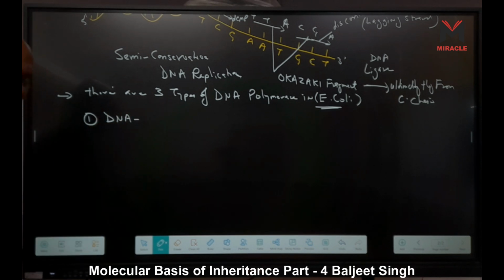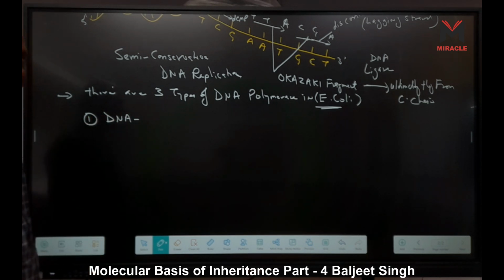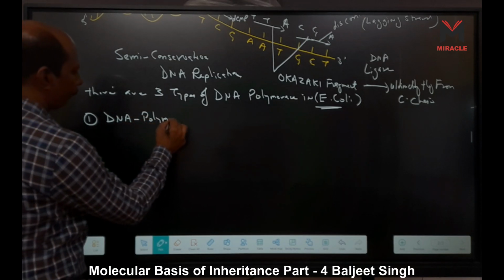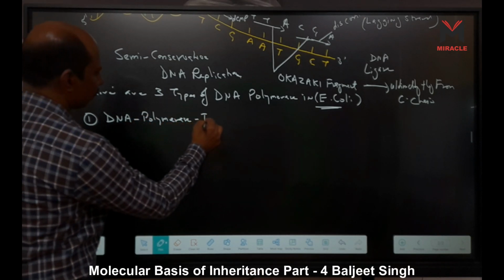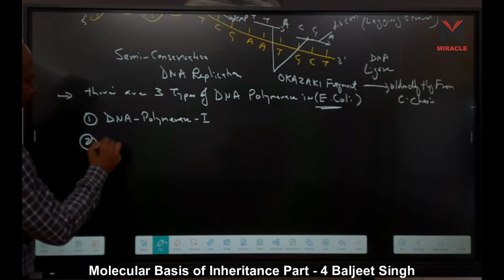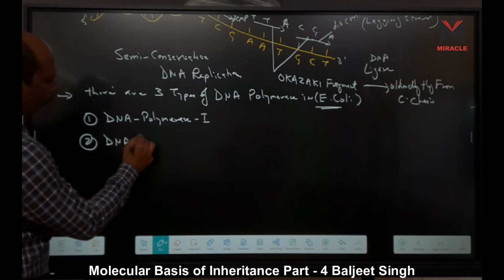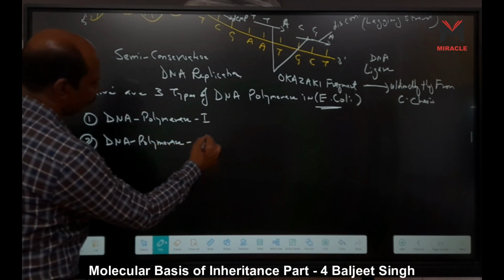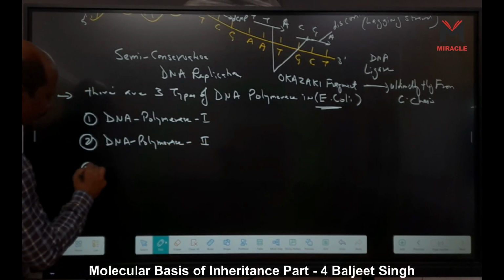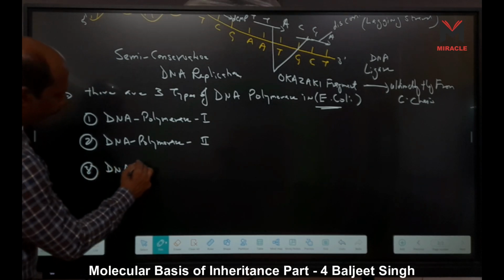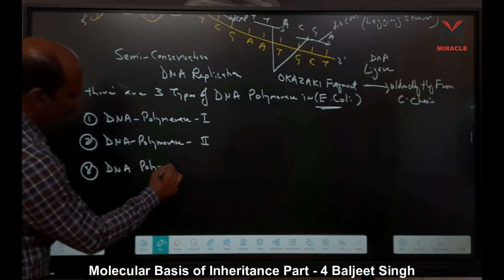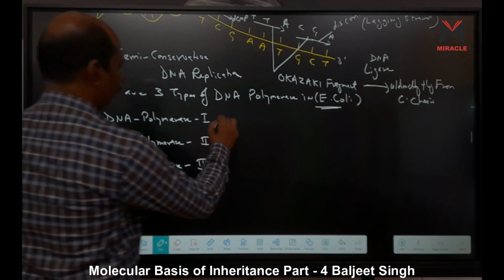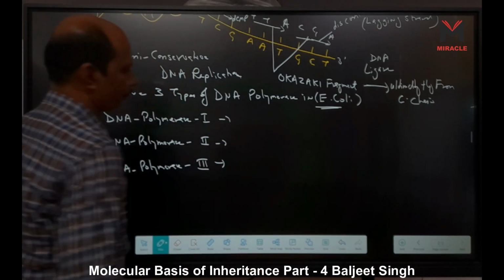Here I write only DNA polymerase: DNA polymerase first, DNA polymerase second, and DNA polymerase third. Three enzymes are there, right?